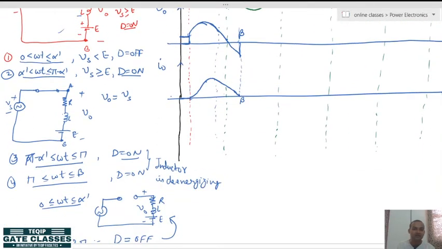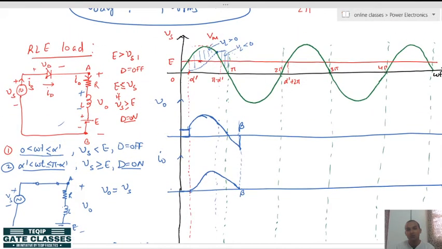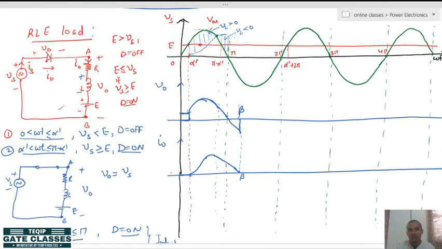Here again we can see that the load current is 0, but some E voltage is appearing across the load. So again we will draw some E voltage here. This is E voltage, this is sinusoidal Vm, then again some E voltage is there, but the load current is 0 in this case.